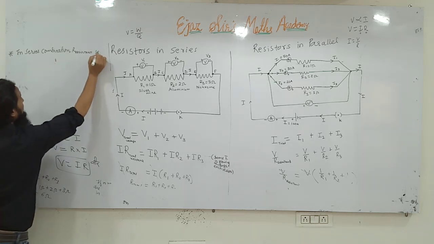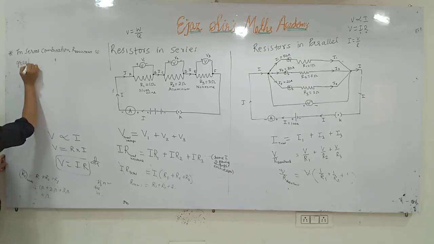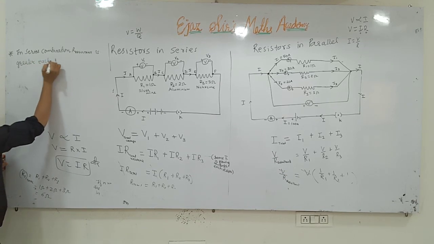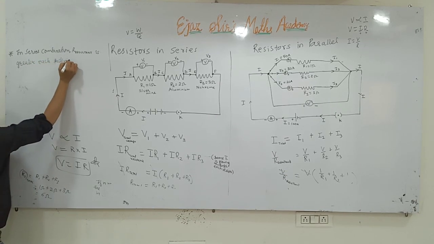R resultant is greater than each individual resistance.